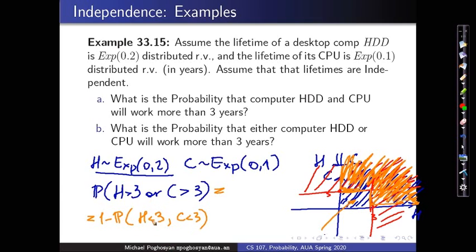And because of independence, I can write 1 minus the probability that H is less than 3 times the probability that C is less than 3. And we can calculate these probabilities easily, like in our previous case, part A, and multiply them, and then calculate 1 minus the product of them. Okay, this much about this problem.